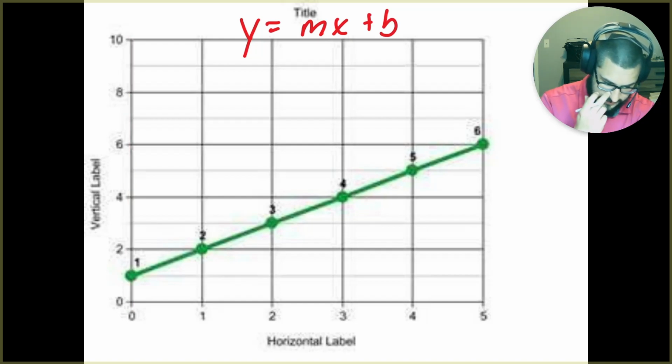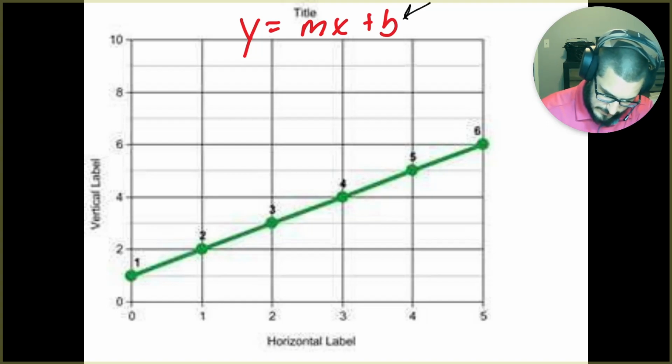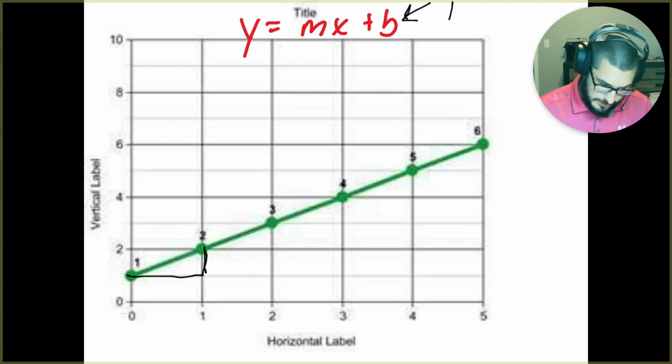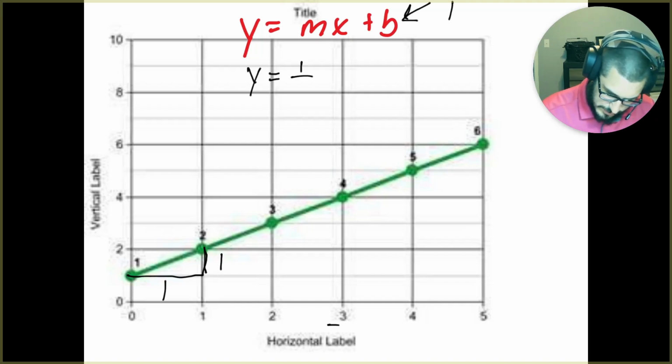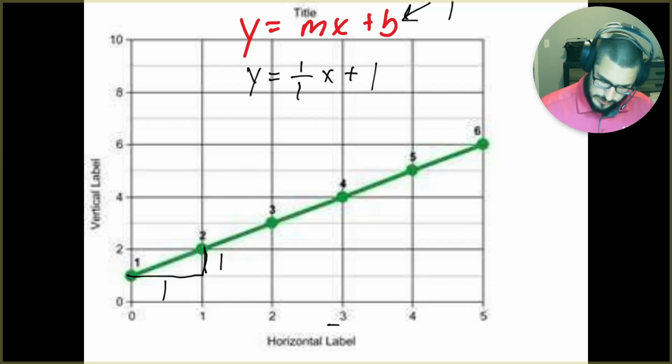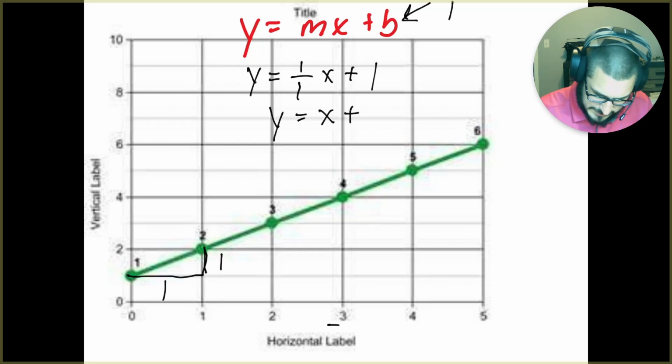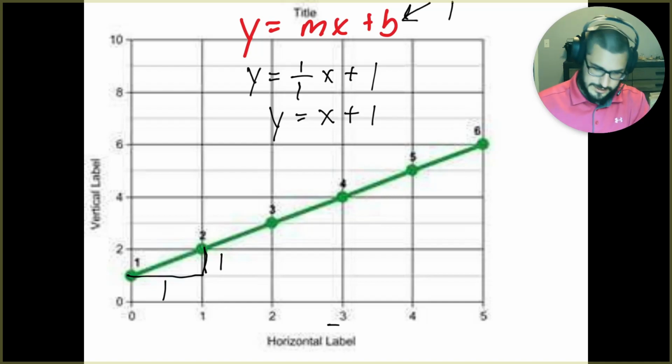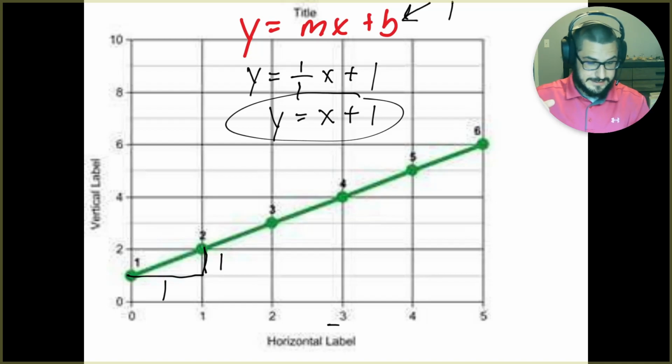So when y is 1, that's my y-intercept. Then I've got to figure out my line. Rise from 1 to 2 is a rise of 1, and a run from 0 to 1 is 1. So that's y equals 1 over 1 x plus 1, which is just y equals x plus 1 would be my equation for this line.